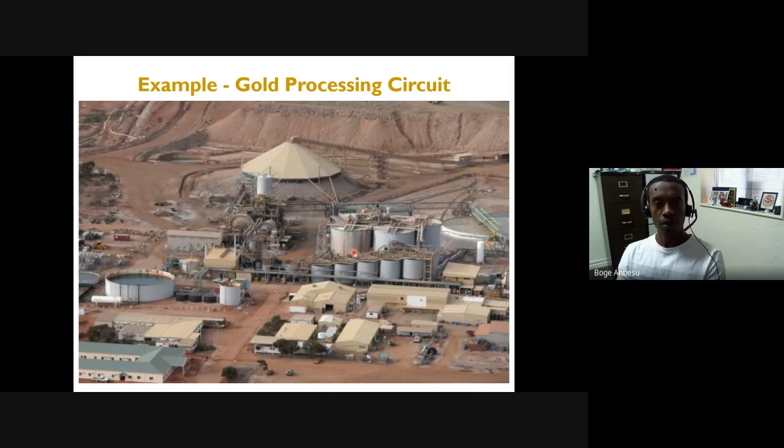Some gold ores are called refractory. Some gold ores are called free milling. So again, depending on whether the ore is complex or easy to deal with, you can actually have different processing methods, as I was mentioning. So this is a free milling ore where the gold is actually easily accessible for leaching.